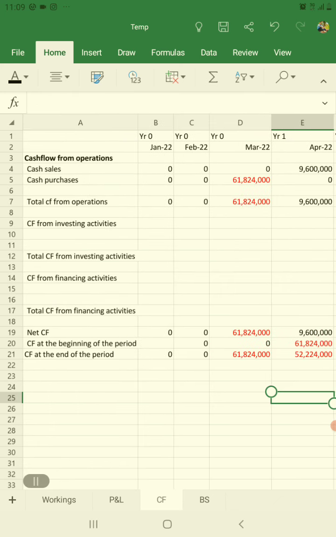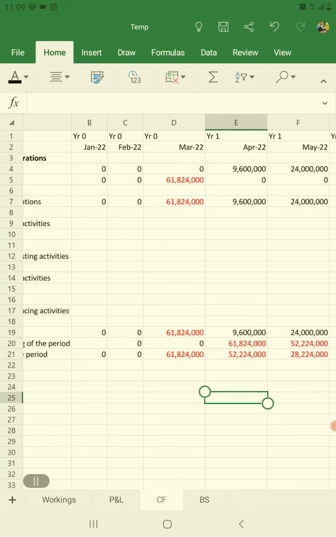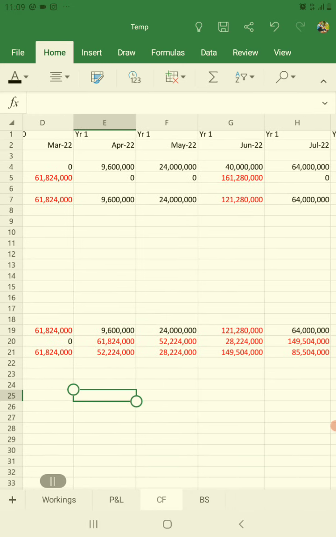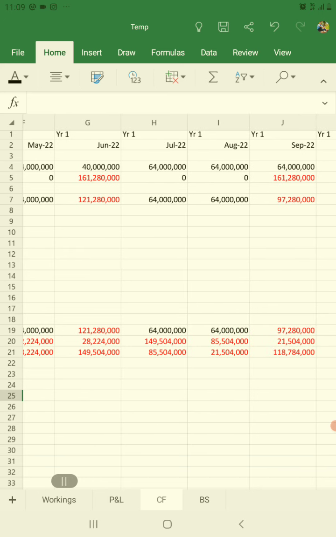In the purchases now, you see we are doing purchases on March, on June, on September, not on monthly basis as we used to do in the previous because of the new assumptions.